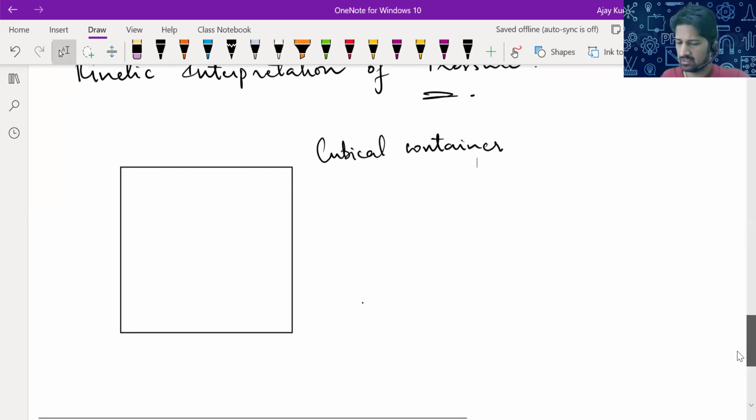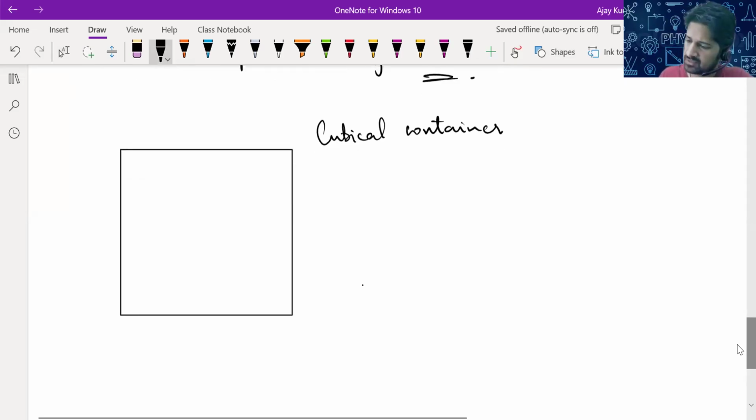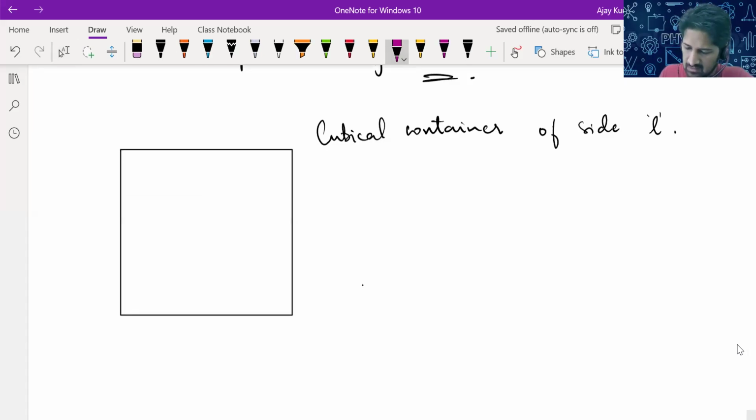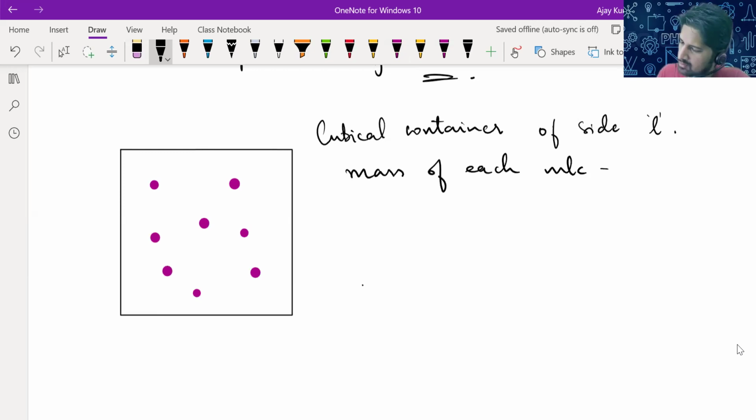Consider a cubical container of side length L. In that, let's say there are many gas molecules which will be moving around randomly. Let's say the mass of each molecule is small m.